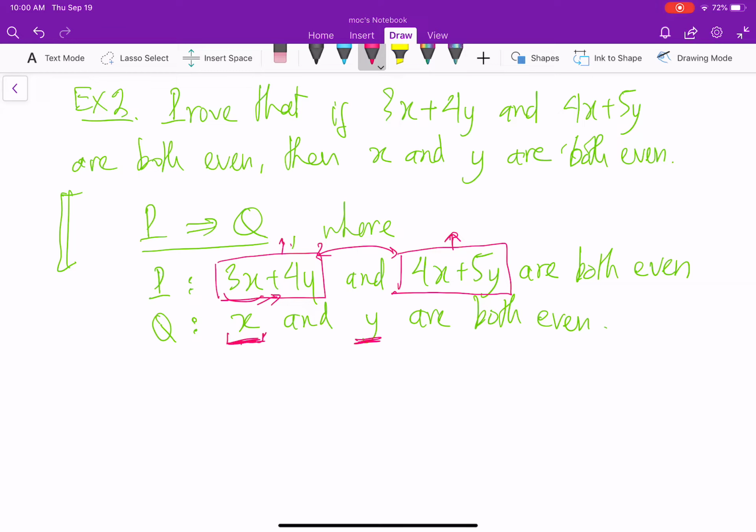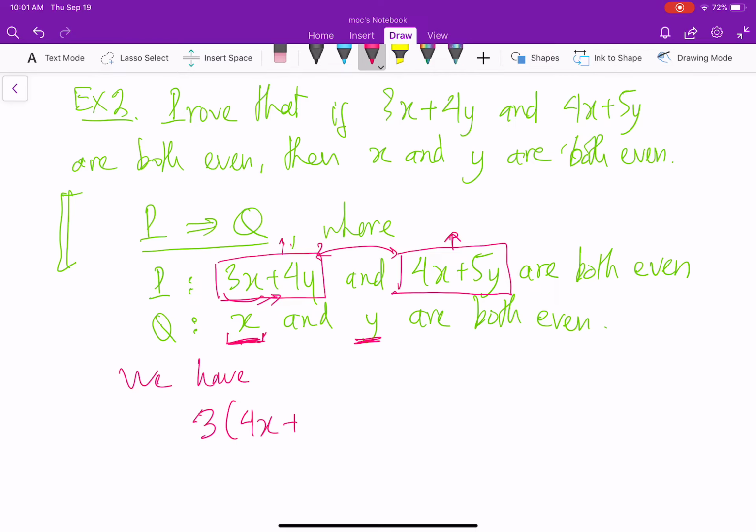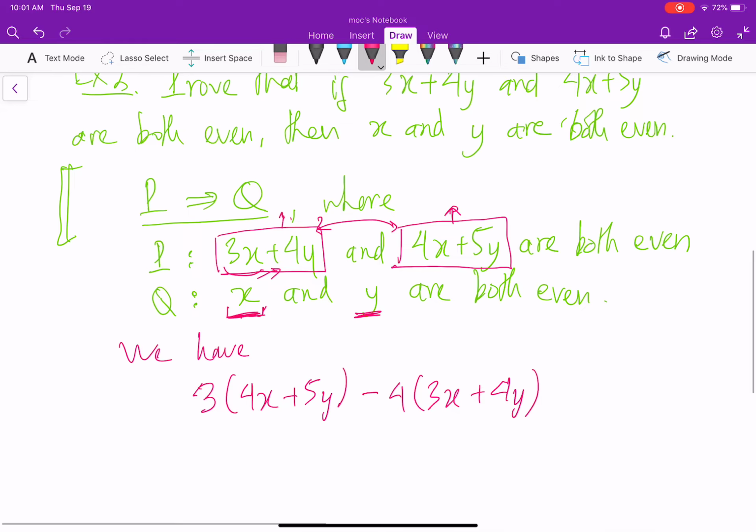I have 3x here and 4x here. We have 3 times (4x plus 5y) minus 4 times (3x plus 4y).